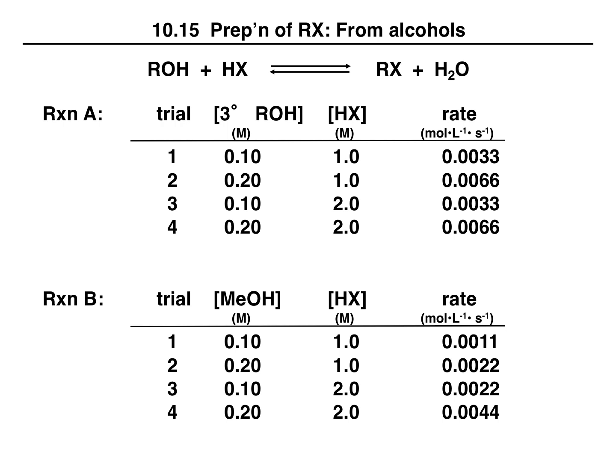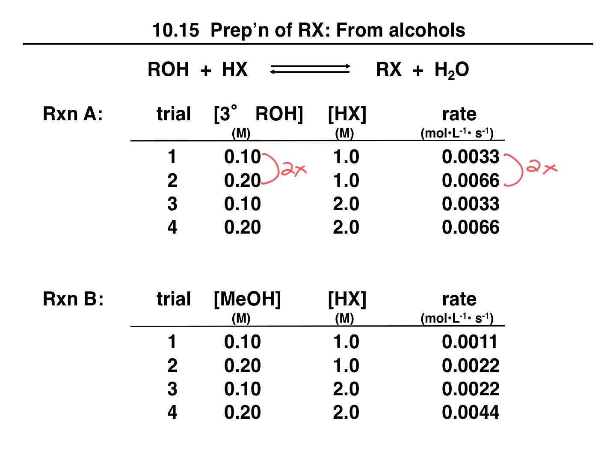In trial 1, we have a certain concentration of our alcohol in HX, and a particular rate of reaction is measured. As we go to trial 2, we double the concentration of our alcohol, but the concentration of HX is held constant, and we see that there is a doubling of the rate. So by doubling this concentration, we get a doubling of the rate.